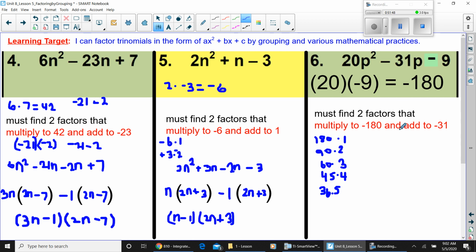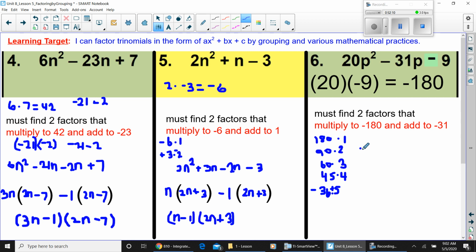So if you took 180 divided by 5, you would get 36. And 36 and 5, you can clearly make negative 31. So how would it be negative 31? Well, it would be a negative 36 and a positive 5. Negative 36 plus 5 equals negative 31.